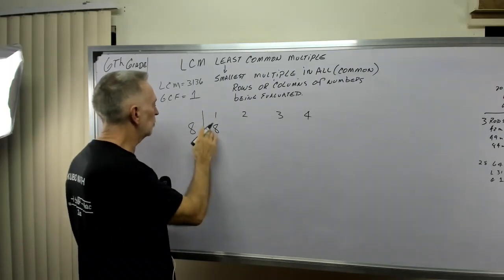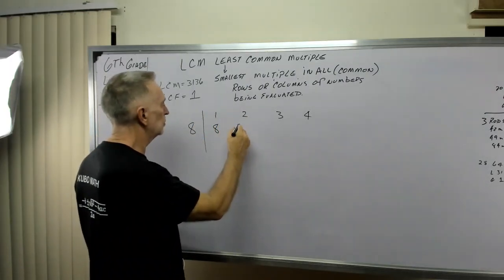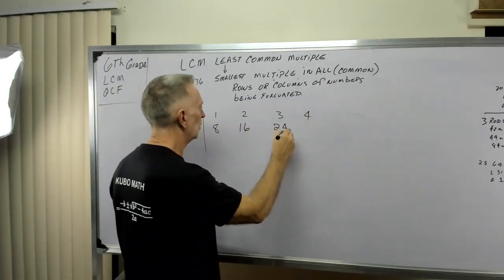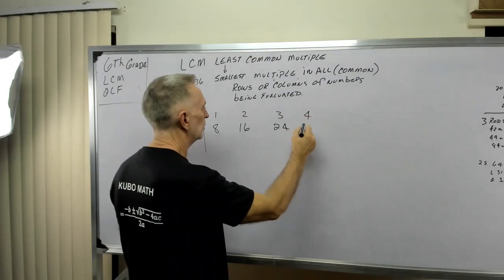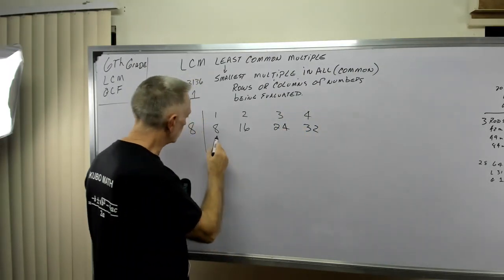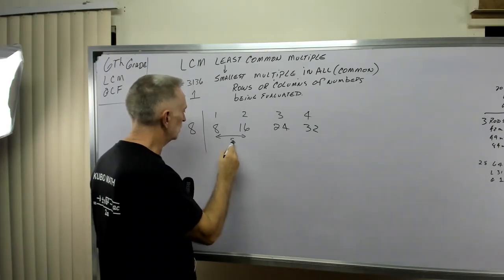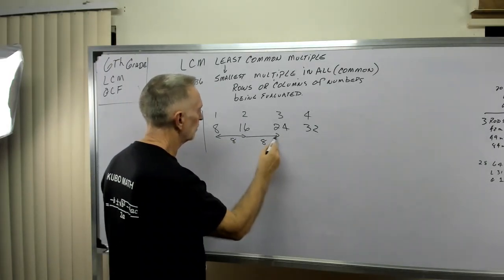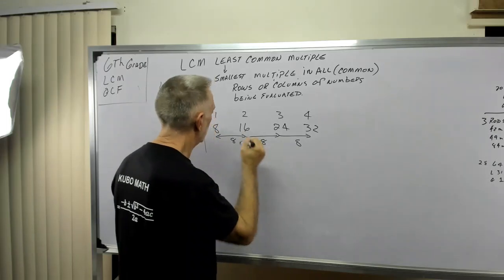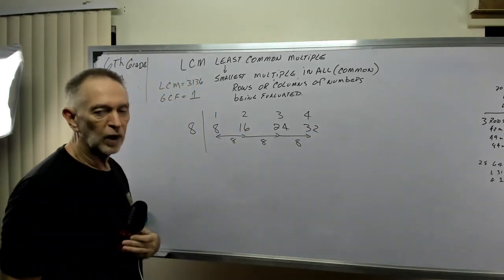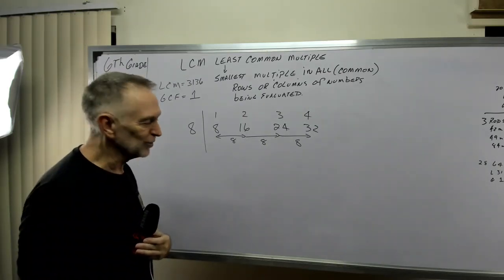So we're looking at multiples of 8. 8 times 2, 16. 8 times 3, 24. 8 times 4, 32. Now you'll notice in between every one of these is 8 units. It's multiples of 8. That's why they call it the multiples.